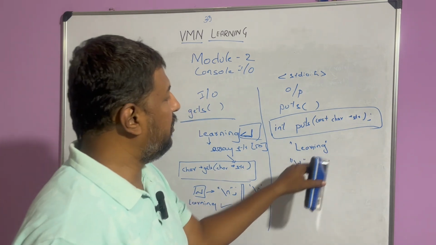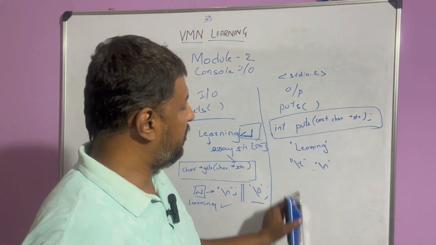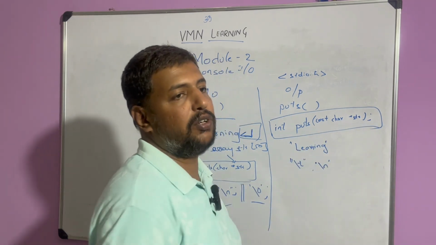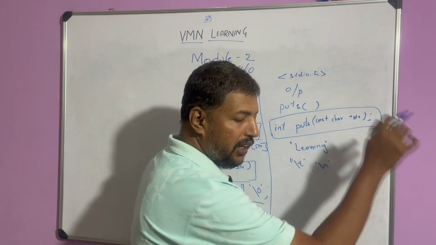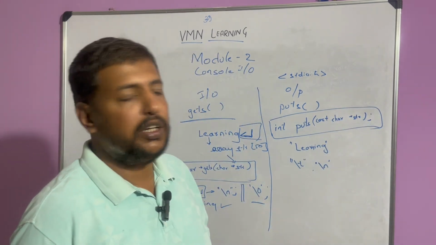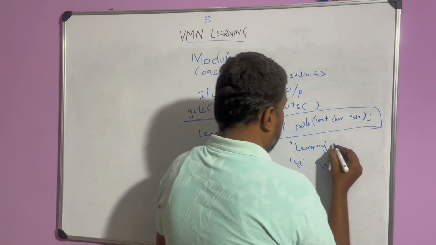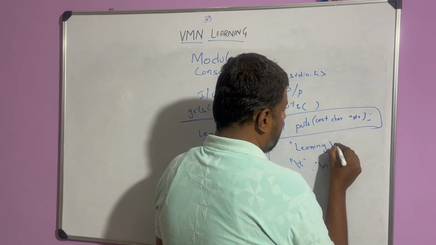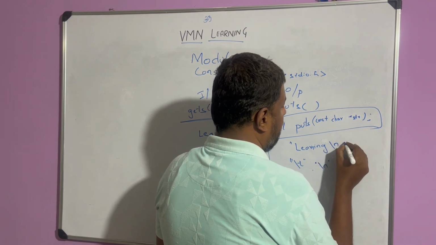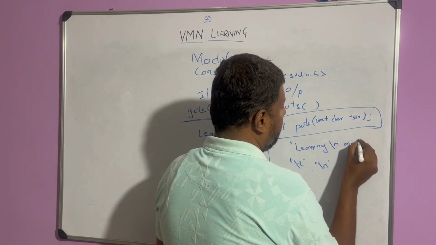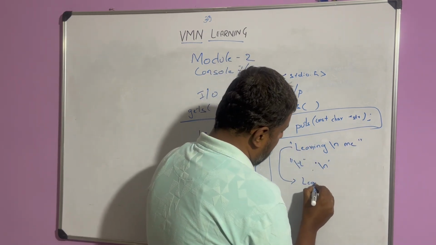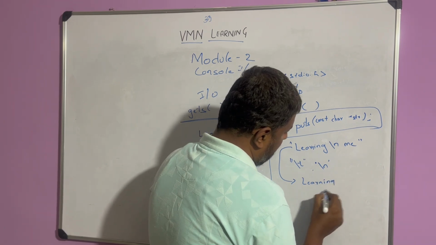If there is a tab in the string, it will take the tab into consideration; if there is a new line, it will return the output on a new line. So if I have "learning slash n me something", it will output this as "learning" and below it "me something".